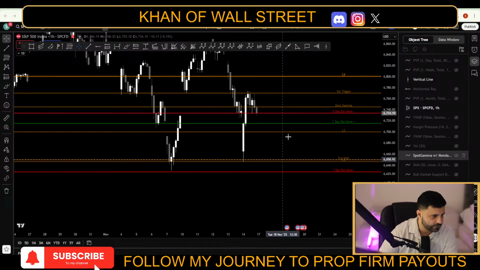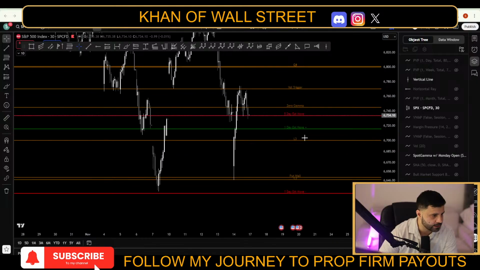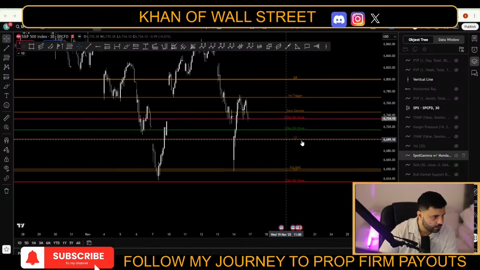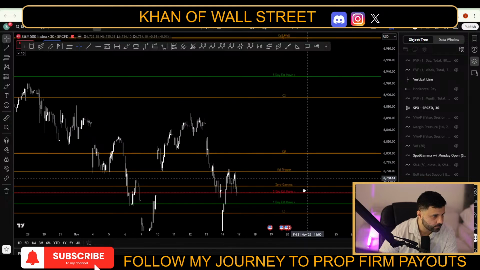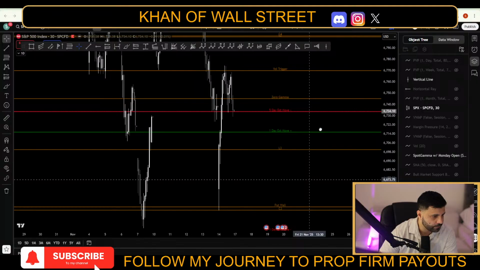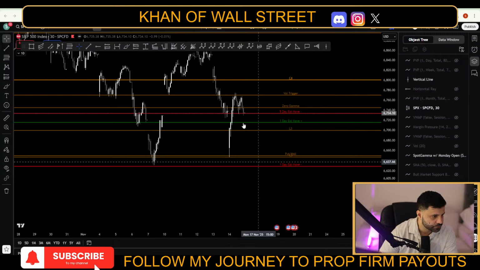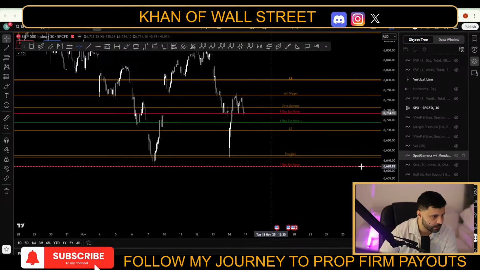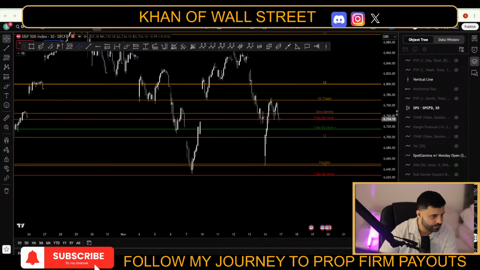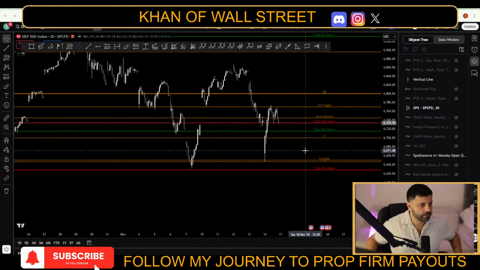The founder at SpotGamma said 6700 is the biggest support. It doesn't look right. The biggest gamma exposure level would be the put wall, which will be 6650. That's a large drop. Will it happen on a Monday? I'm not too sure it happens.